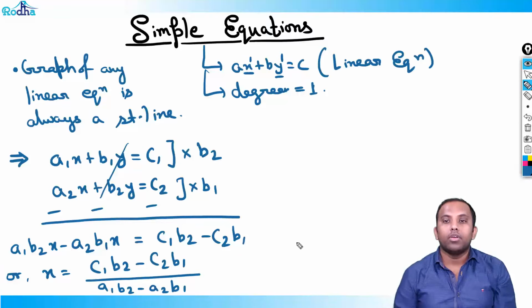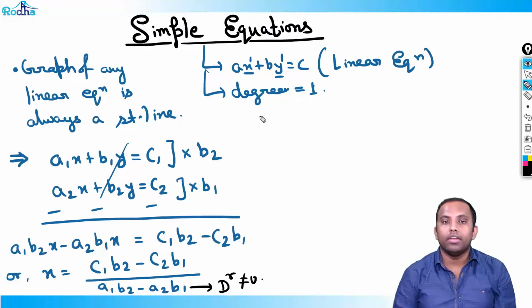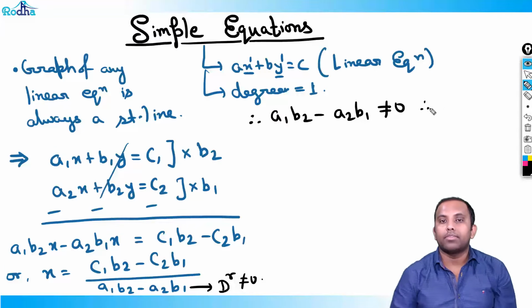Since this is the value of x, this denominator can never be equal to 0. Therefore a1 b2 minus a2 b1 can never be equal to 0. It means that a1 by a2 cannot be equal to b1 by b2.